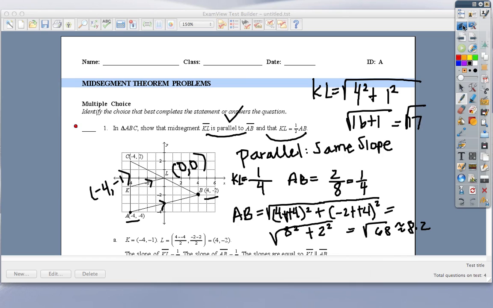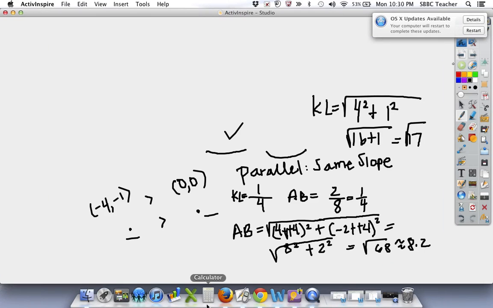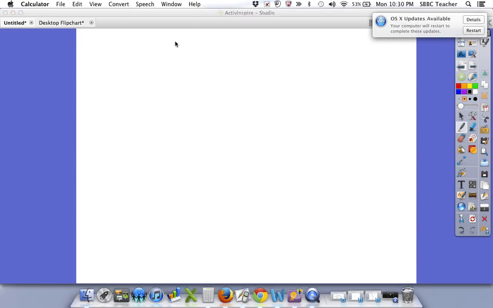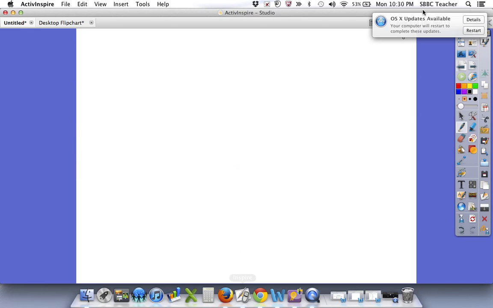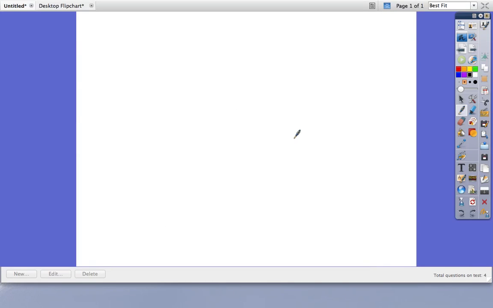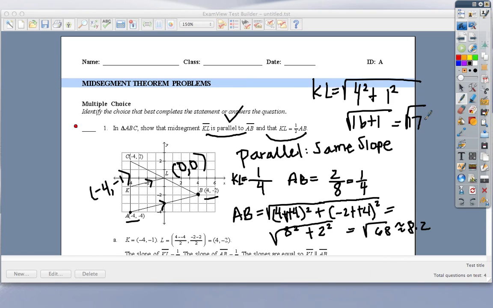Let's see what the square root of 17 is. This is approximately 4.1. So KL is 4.1 and AB is 8.2.